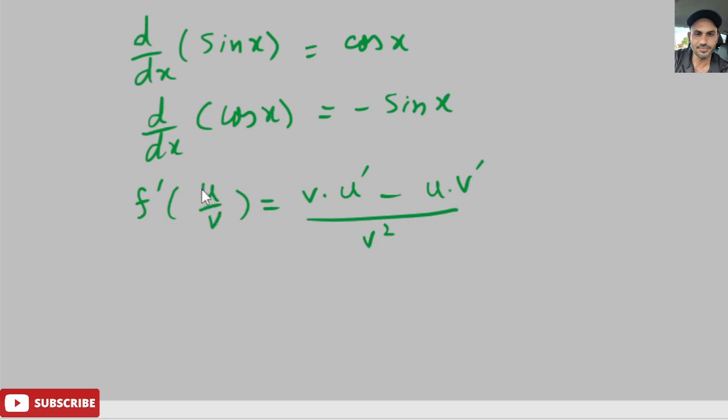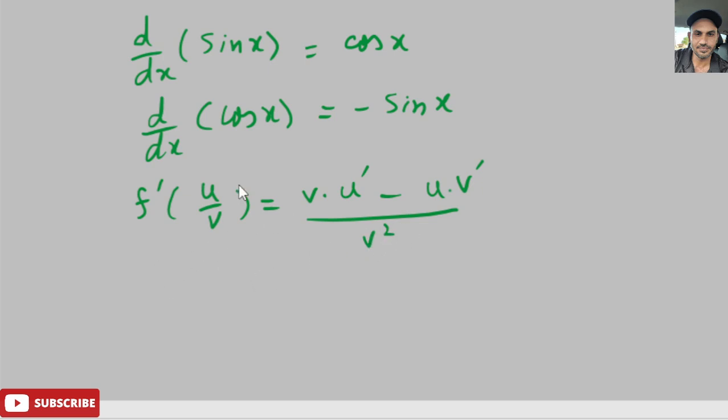Okay, so u is the numerator and v is the denominator function. And when we take the derivative, it's denominator times the derivative of the numerator minus numerator times the derivative of the denominator, divided by denominator squared.